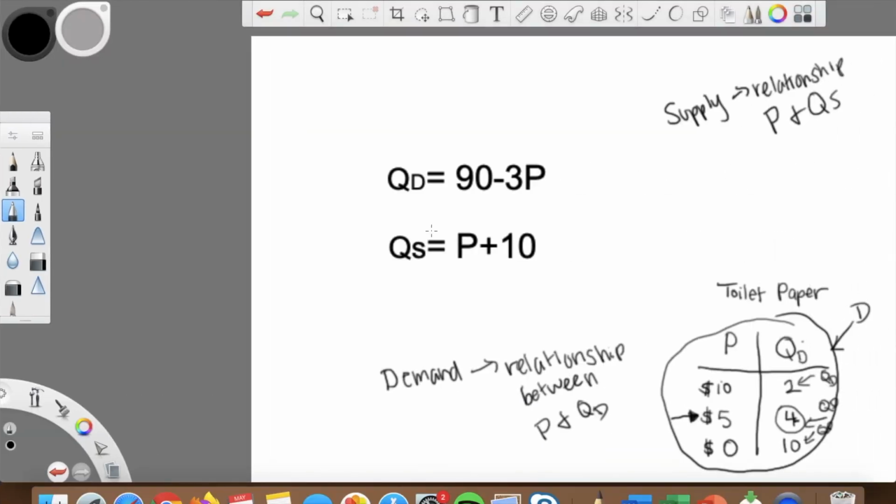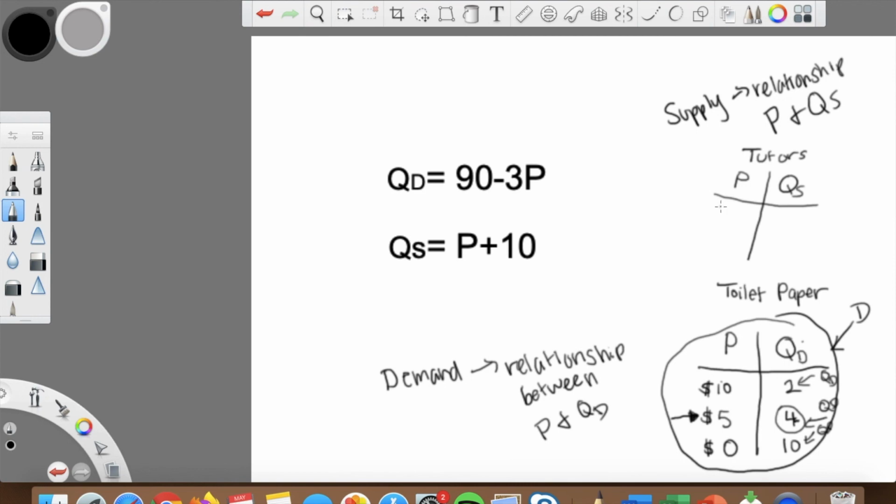Another example here, let's just say hypothetically, I am looking to hire some tutors in economics. I can offer different prices, let's say per hour, that I'd be willing to pay you guys. And however many tutors I got out of the class, that would be my quantity supplied.